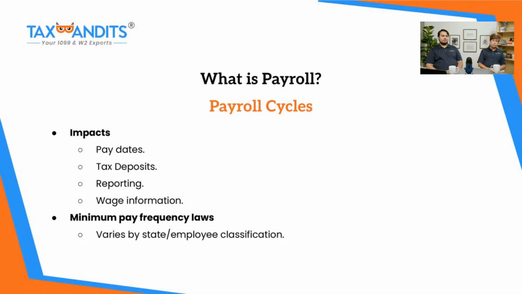A lot of times, the pay dates will determine some tax liability as well. That way, you know what you need to file, what kind of deposits you should be making, and that you get all the information you need, like anything that's been withheld from employees, organized and together.